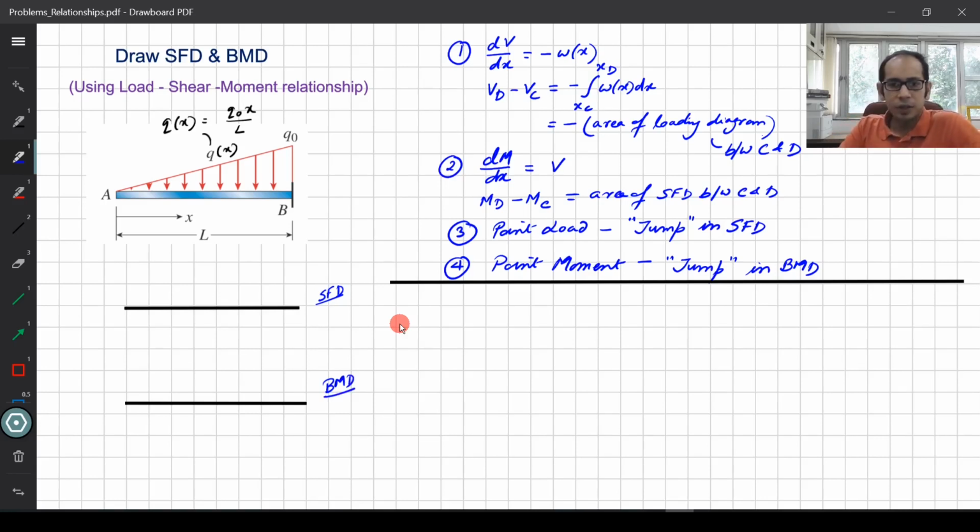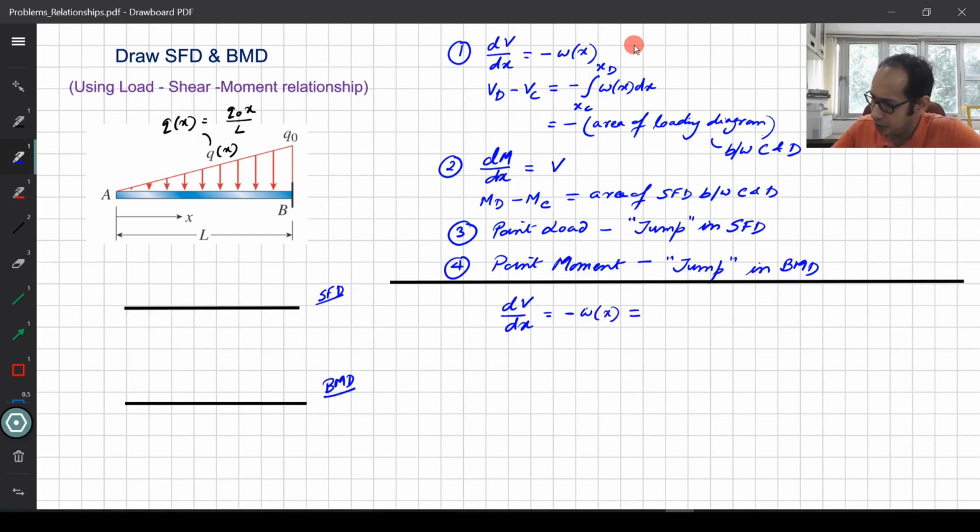For the shear force diagram, we are going to start with the relationships. So we have this first relationship which we looked at, that dV by dx is minus of, let's write the general form first and then the problem specific form, minus of w, which is a function of x.